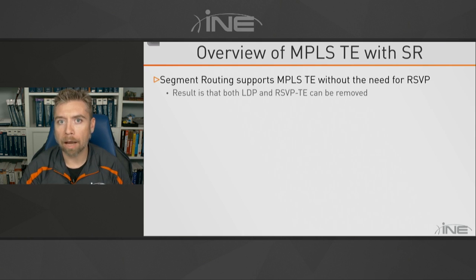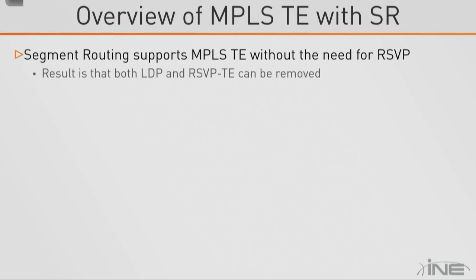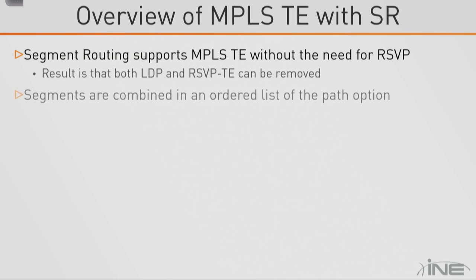So if I'm a P router and I have 100 different tunnels going through me, then normally for L3 VPN destinations, the P router would not have to know about that. But in the case of an RSVP tunnel, every device along the path has to have the reservation stored. With segment routing, that's not the case, as we'll see because of how these segments are encoded.